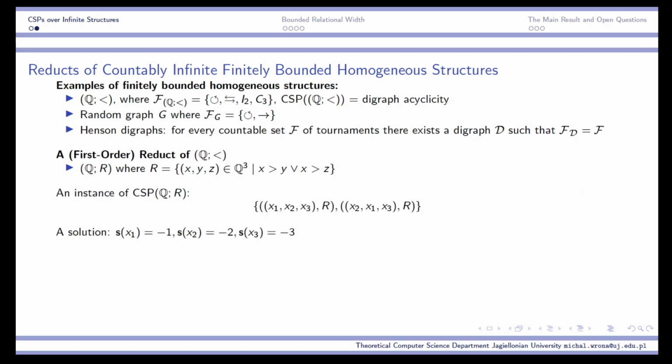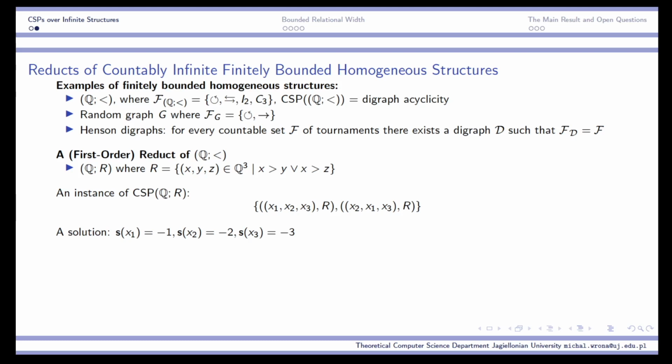When we go to an instance of CSP(Q, R), we can give the following example. We have a first constraint saying that x1 is greater than x2 or x1 is greater than x3, and the second constraint saying that x2 has to be greater than x1 or x3. This instance has a solution, like sending x1 to -1, x2 to -2, and x3 to -3 does the job.